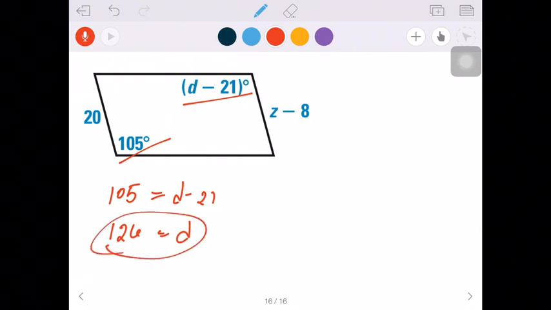It's the value of d. We know that this is already 105. But we're just trying to tell ourselves what d should be for these two to exhibit a parallelogram figure. What about 20 and z minus 8? For this figure to be a parallelogram, the value of z should be 28.